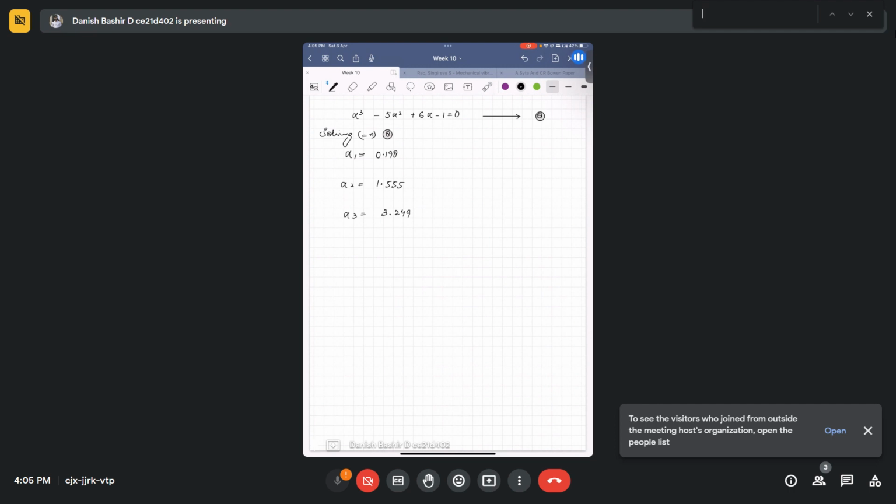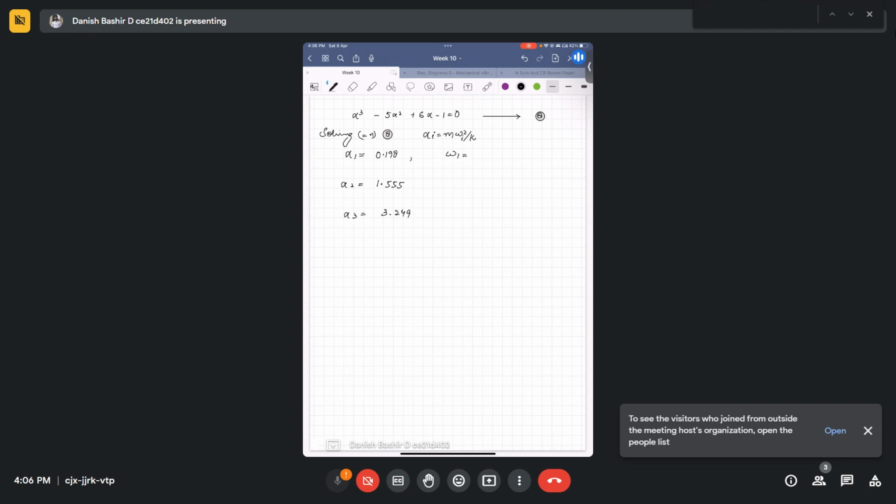Okay, so correspondingly the natural frequencies of these modes: because we have alpha i equal to m omega square by k, we will be having omega i square by k.